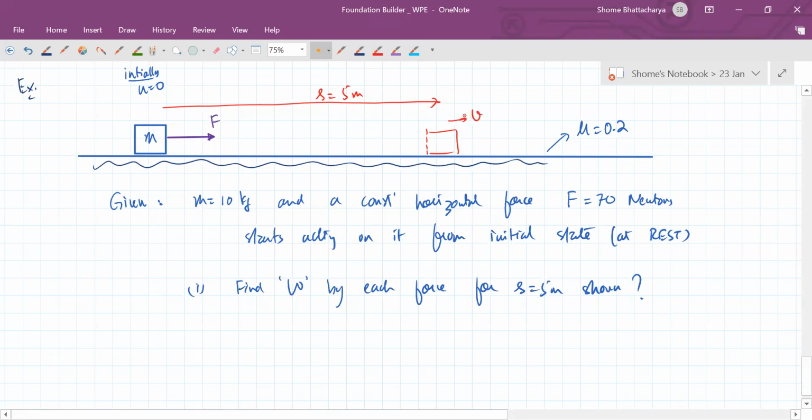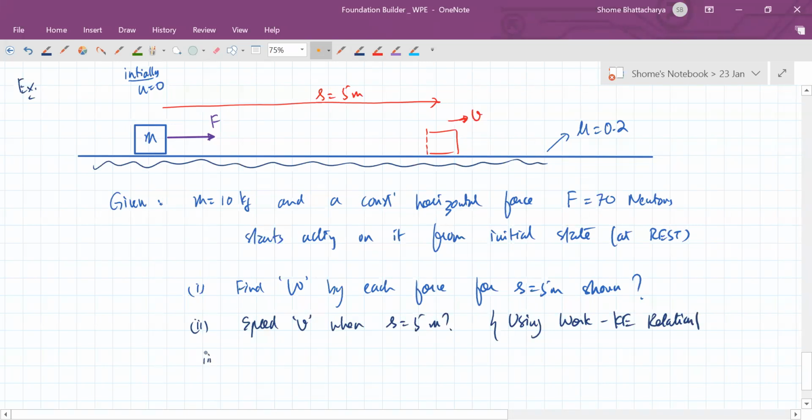And when it reaches here, it has a speed v. So from that, we have to also calculate the speed v when the displacement is 5 meters. Now do this using the work kinetic energy relation that we've seen earlier. Use this, okay.